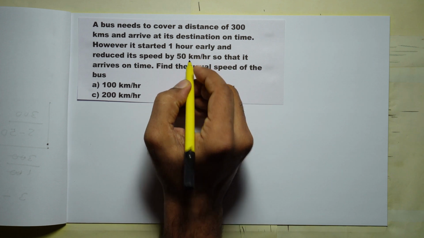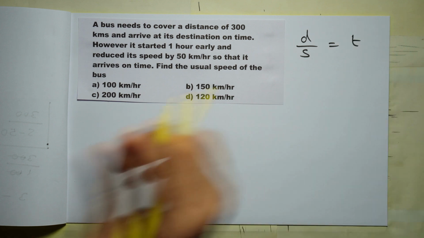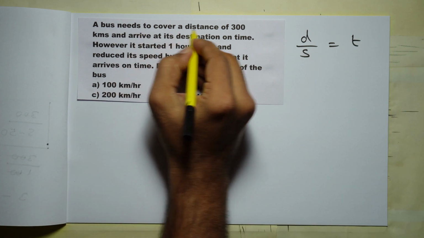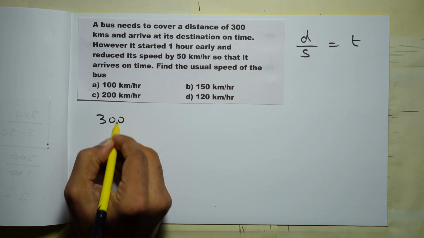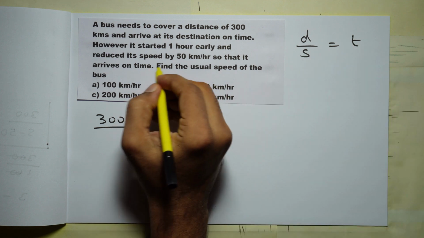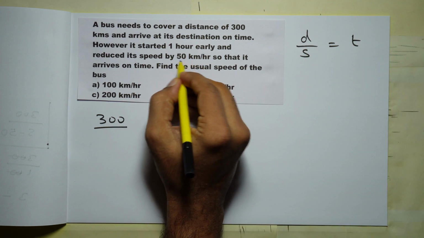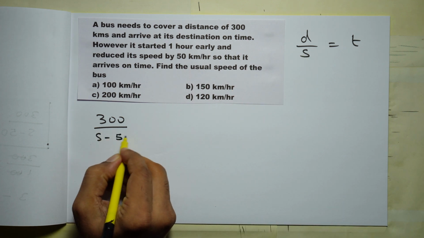Now we'll form the equation. You have the basic formula, distance by speed gives you time. Now a bus needs to cover a distance of 300 kilometers. So distance is 300. Now first we'll find out the time when you have reduced your speed by 50 kilometers per hour. Regular speed is s minus 50.